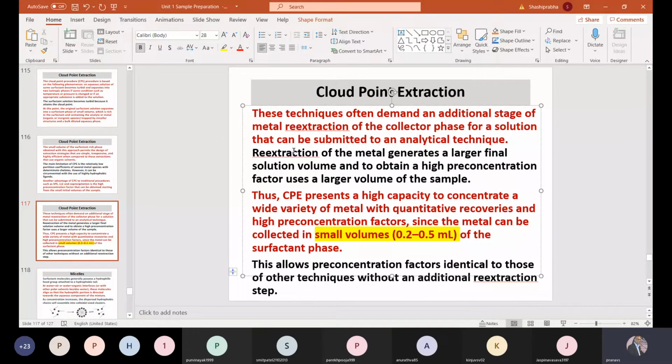So now you can understand how many times you have reduced the volume and thereby increased the pre-concentration factor. 10 ml था उसमें से 0.2 ले आए, 50 गुना आपने उसको ज्यादा pre-concentrate कर दिया. That is the whole beauty of cloud point extraction.